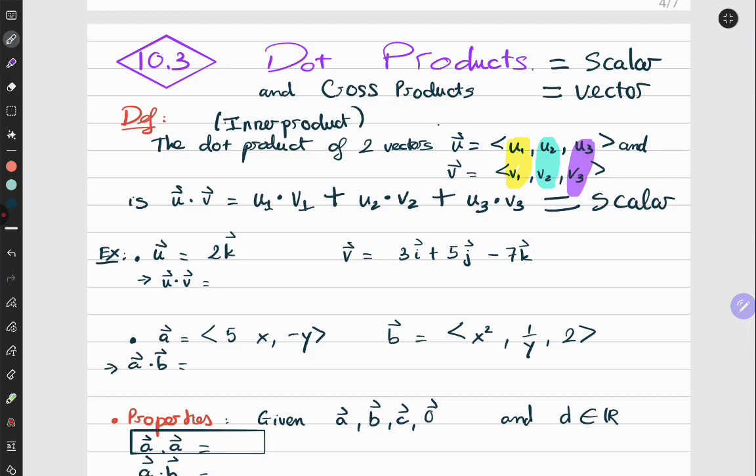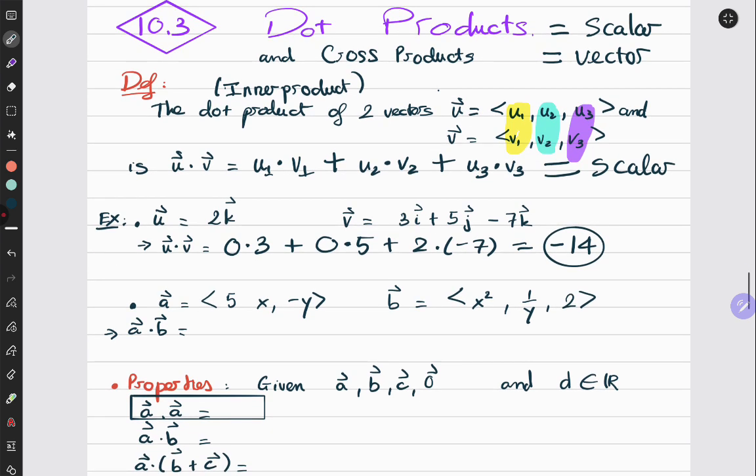What is the X component of U? 0, correct. There's no i component, so there's no X component. 0 times 3 plus 2 times 5 plus, what do you think? I thought the 2 would be the last one. Oh, the 2, the last one. My bad. Thank you. Sorry. 0 times 5, 2 times -7. Thank you for that. And that equals -14.